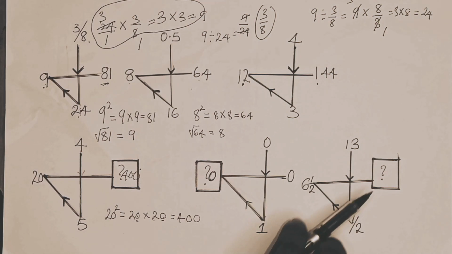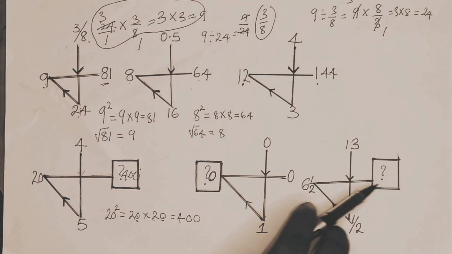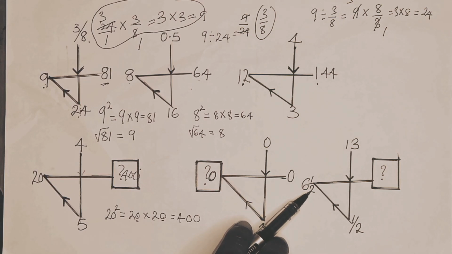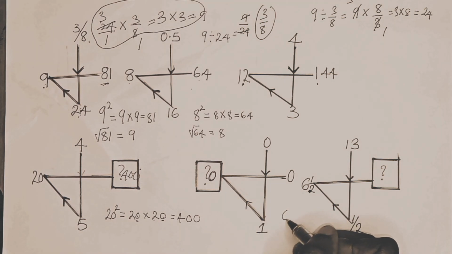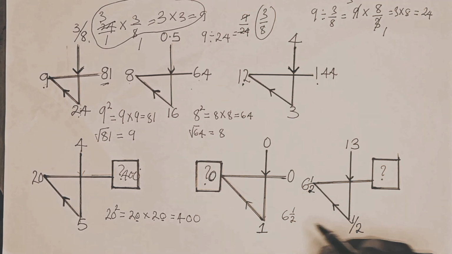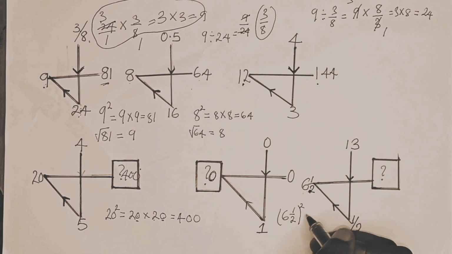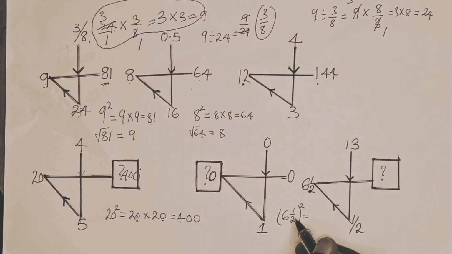Now let's look at this quickly. If you have this missing, what do you do? You take the square of this. So when taking the square of this, you have 6 1 over 2, raised to the power of 2. Before doing this, you have to change it to an improper fraction.